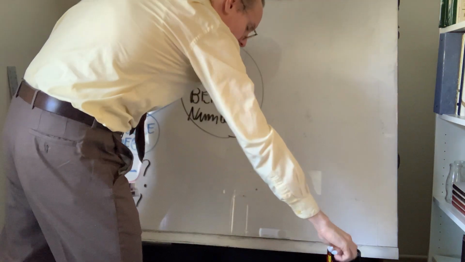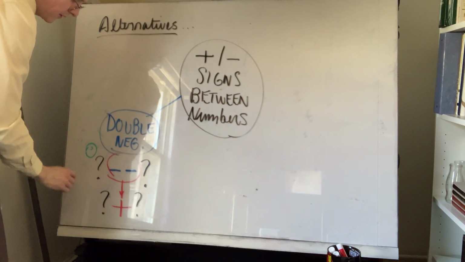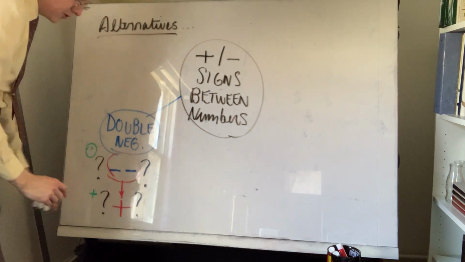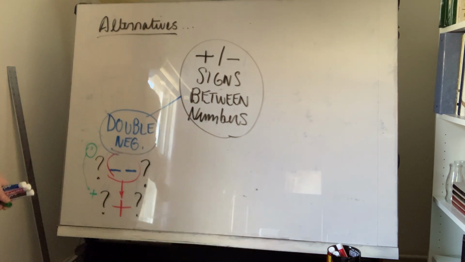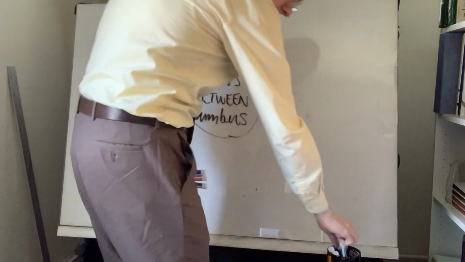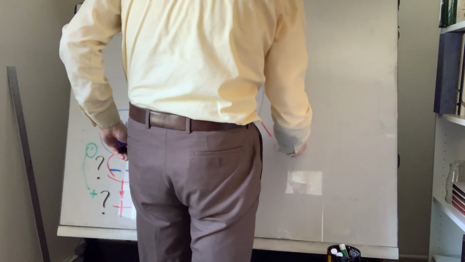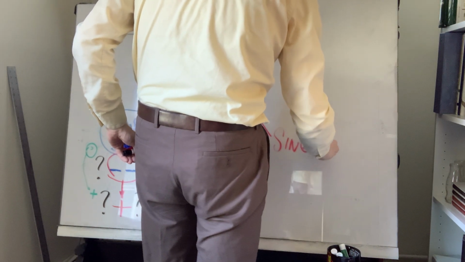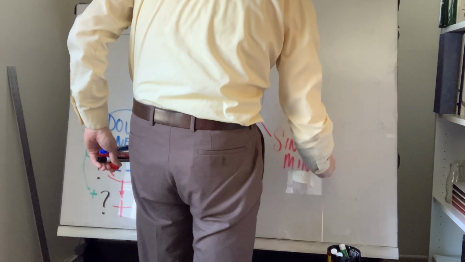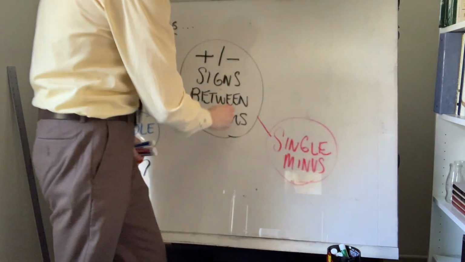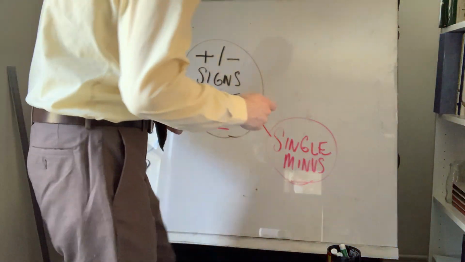If something happens to have no sign here to begin with, you could always fill that in as well. You could just assume that it is a positive, this thing adjacent. If, on the other hand, you have the situation where you have a single minus sign between numbers, it would look like this literally.